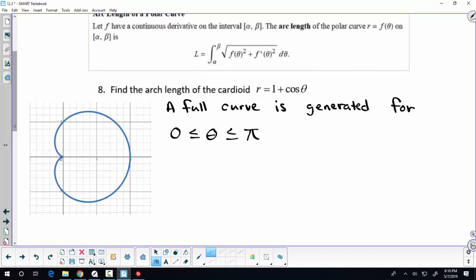And r equals 1 plus cosine theta, that is our f of theta. So if we know the entire curve is generated from 0 to pi, we'll just look at half of the top, and then double that length.